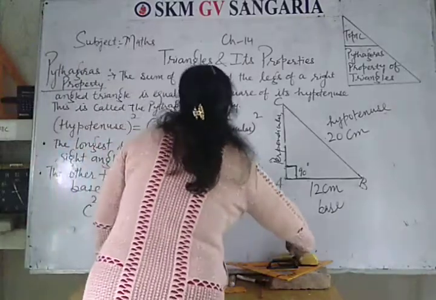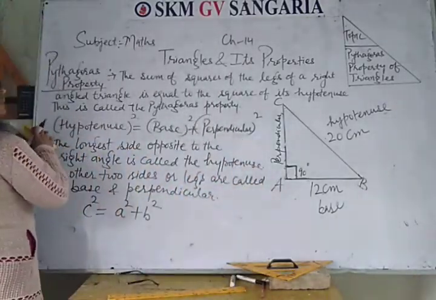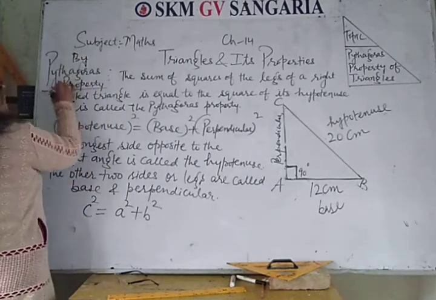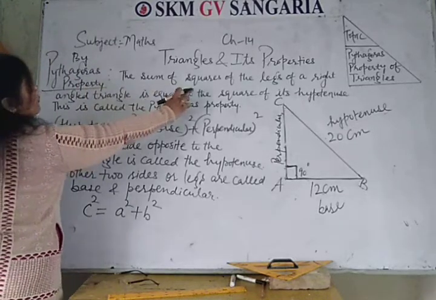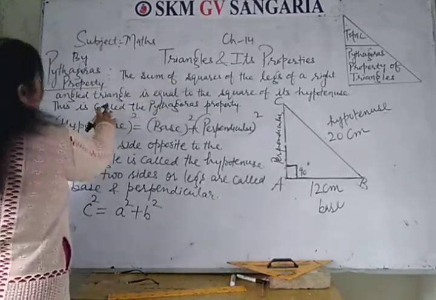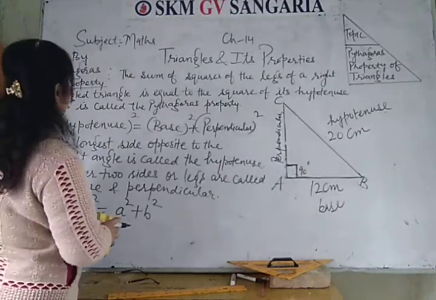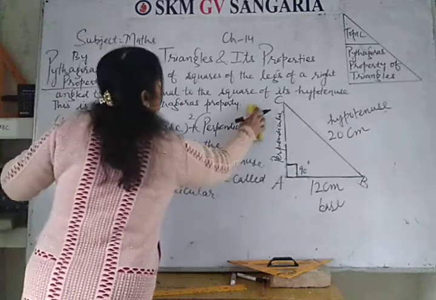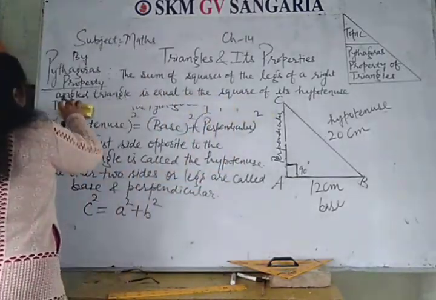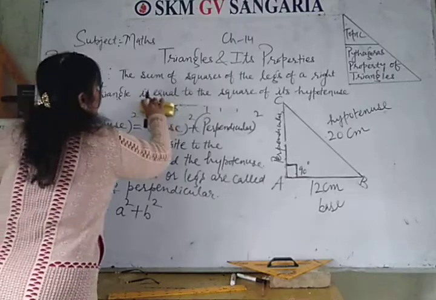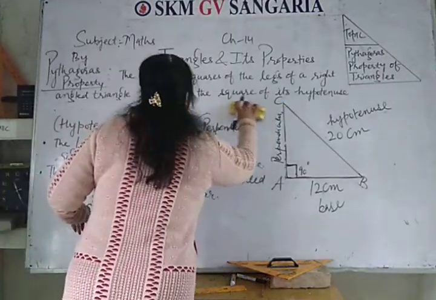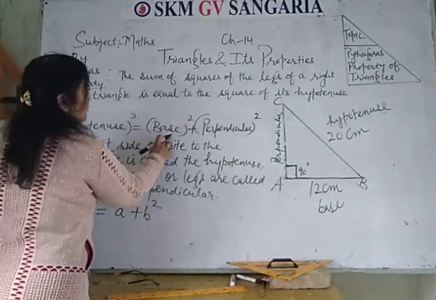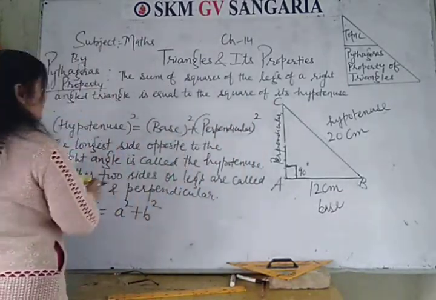We can write hypotenuse square is equal to base square plus perpendicular square.